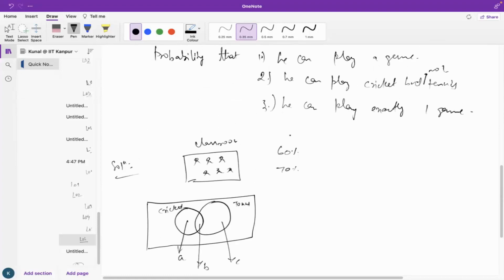Look, first of all, let the number of students be 100. Just like we first solve by assuming either x or 100, I am assuming that the number of students is 100. In a class there are 100 students. Then we can generalize this thing to x as well, but it will be a little bit lengthy calculation, so I avoid this kind of thing and just generalize the solution using 100 students. Okay. So let the number of students be 100.